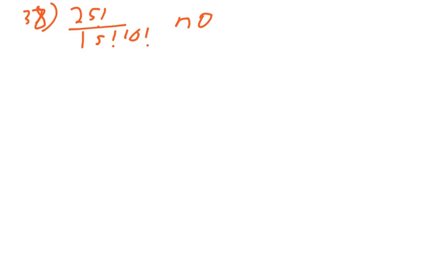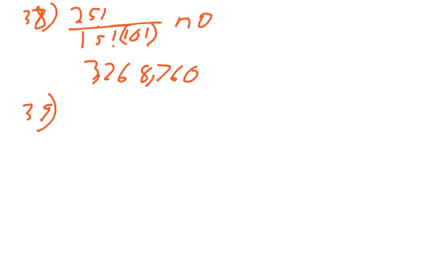Because order didn't matter, I have to remember that I have to divide by 2 things. So I'm going to also divide by 10 factorial. If order doesn't matter, I divide by 2 things. So my answer here was 3,268,760, so that was still over 3 million choices.